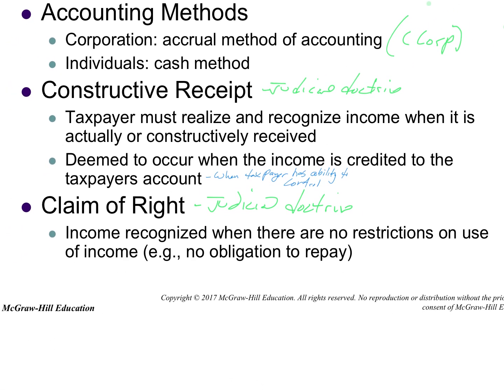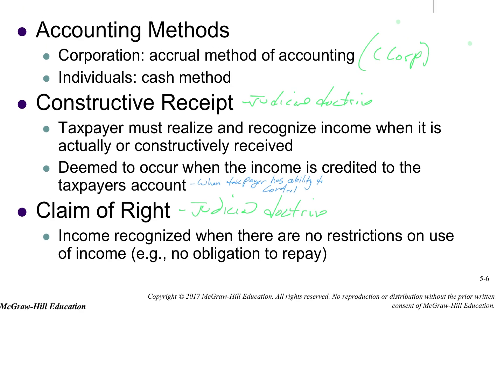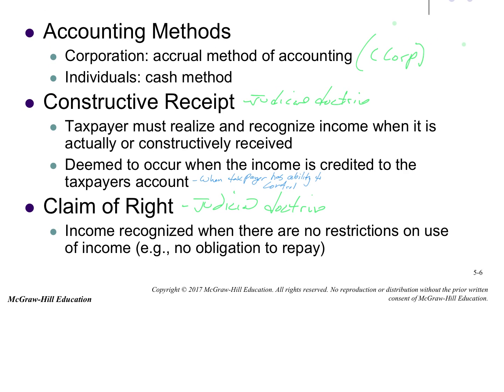So constructive receipt is telling you you must recognize income if you have the ability to control it, okay? And so that is very different than claim of right, okay? Claim of right is giving you examples of times when you don't have to recognize the income, all right?